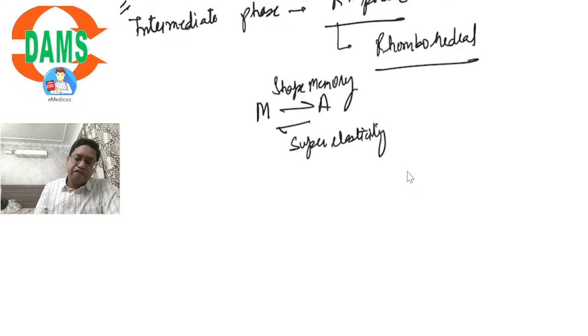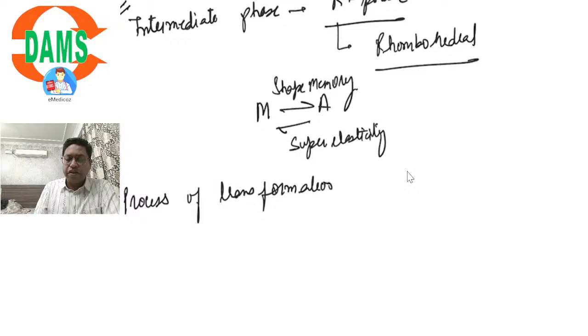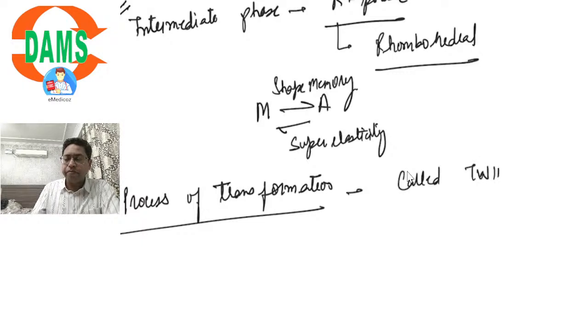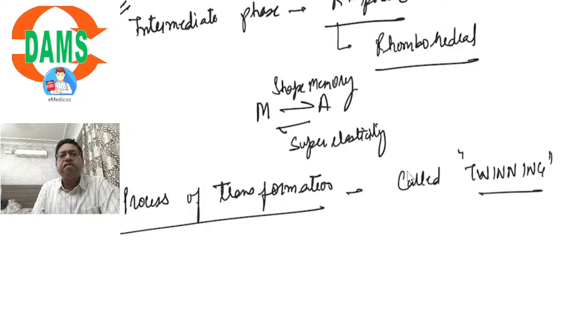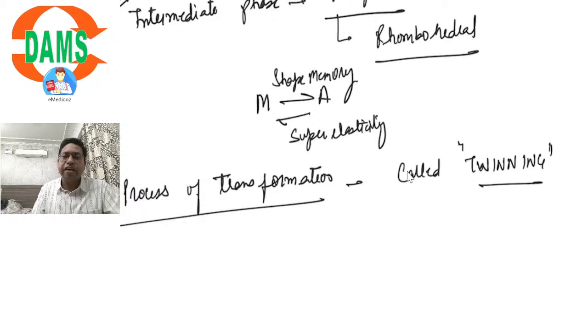And the process of transformation from one phase to another, depending upon temperature and stress, is called twinning. So what is twinning? Twinning is the phase change in the nickel titanium alloy depending upon its stress and temperature.